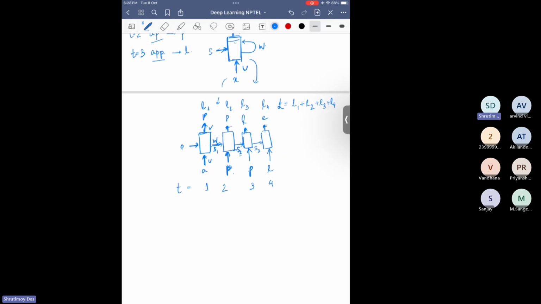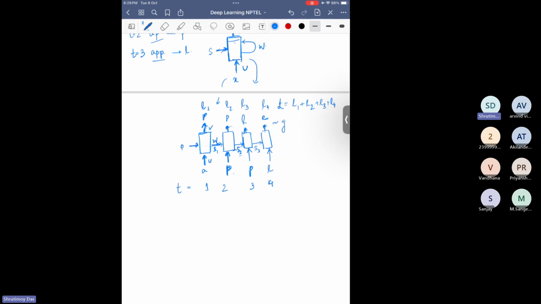What I'm trying to say is, if I am expecting some character, say E, in this case, and I get some other data, for example G, which is not correct, that means there is some error. That error has to be propagated through the fourth time step, and because the fourth time step depends on the third time step, it has to be propagated through the third time step, which depends on the second time step.